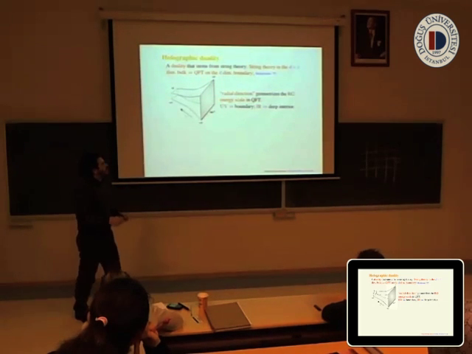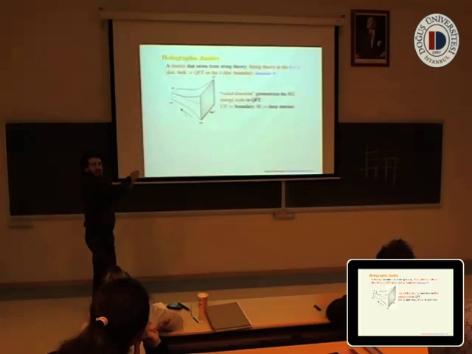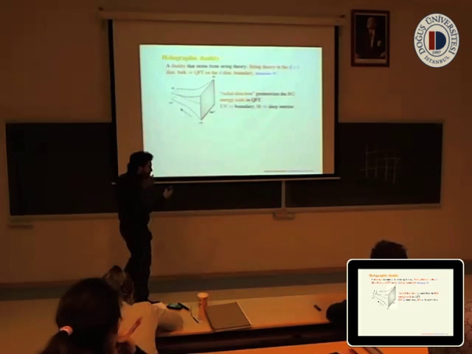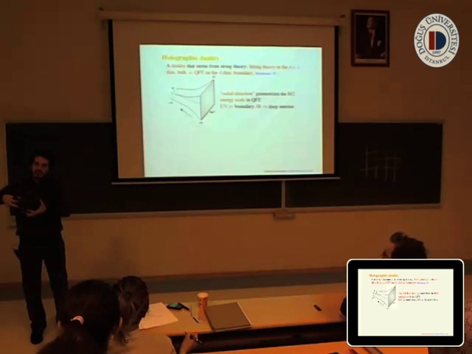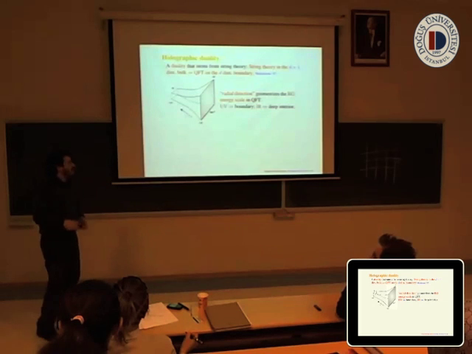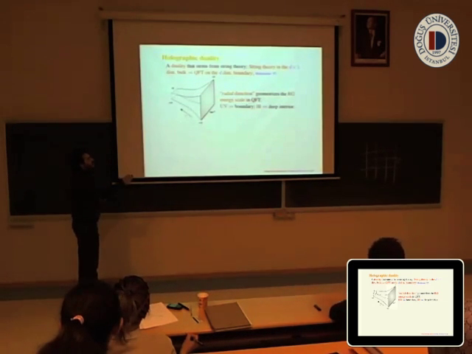The scale transformations are called the renormalization group transformations. And the idea of introducing the extra radial dimension is essentially to realize this change of quantities in quantum field theory as a function of the energy scale in terms of geometry, just in terms of the radial direction.